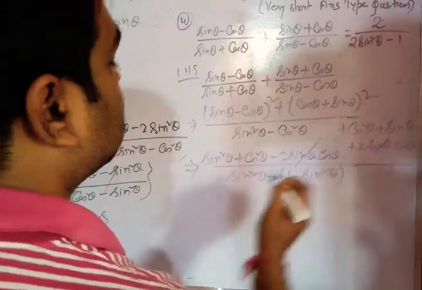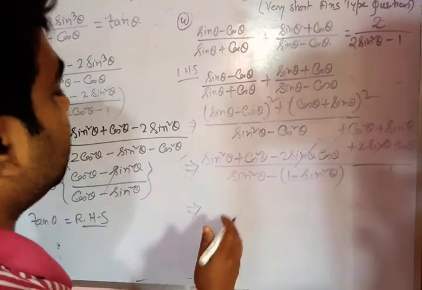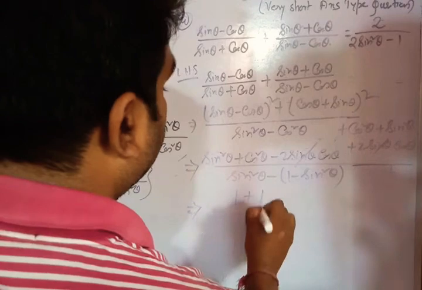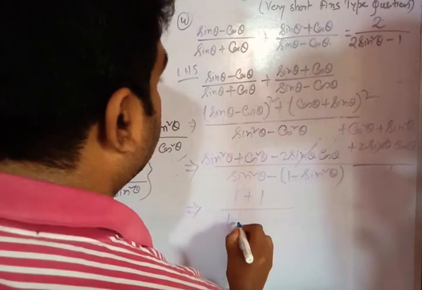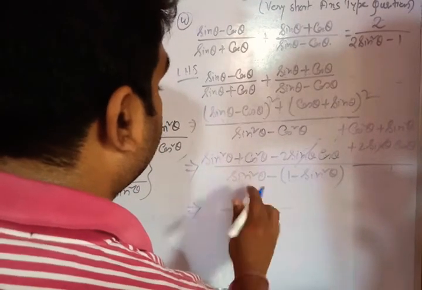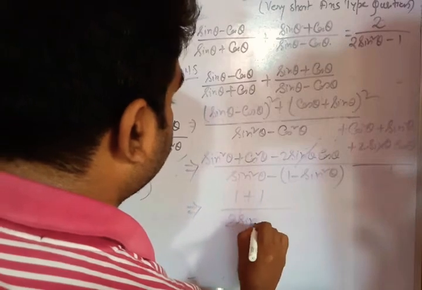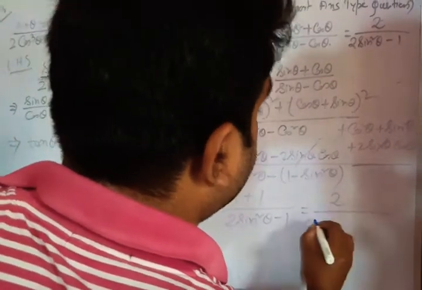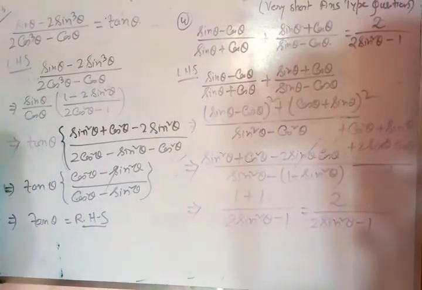Cancelling, the numerator is 1 plus 1, divided by 2 sin square theta minus 1. So that's equal to 2 by 2 sin square theta minus 1.